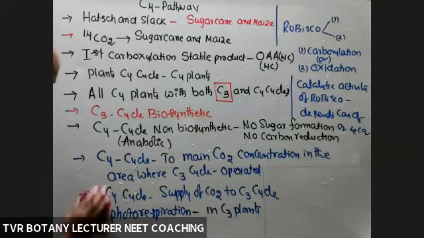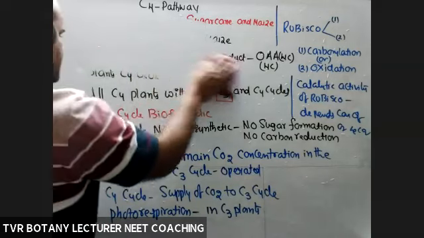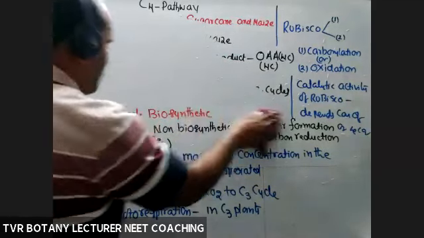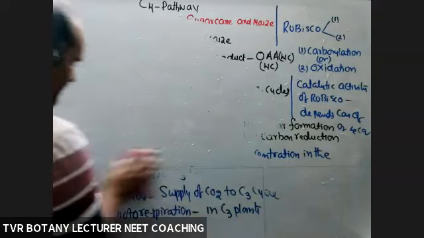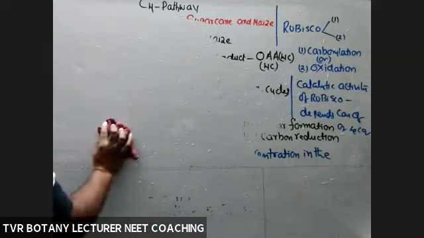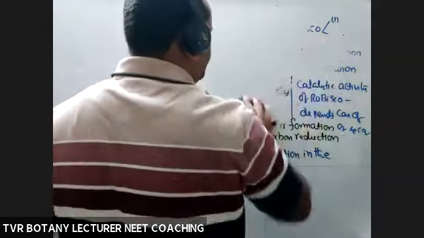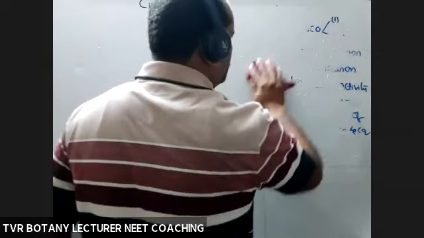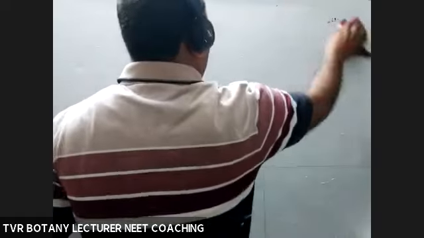Now, what about the specialty of C4 plants? C4 plants are tropical plants. What about C3 plants? Temperate plants. Temperate means low temperature, 25 to 30 degrees. But what about C4 plants? Tropical plants, 30 to 40 degrees.